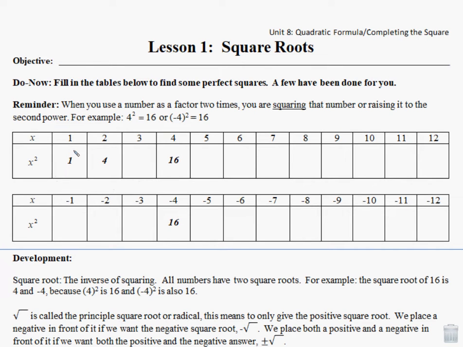So we're just squaring numbers that you've done before. 1 squared is 1, 2 squared is 4, 3 squared is 9, 4 squared is 16, and so on. I would hope that you know the squares of the numbers up to 12.